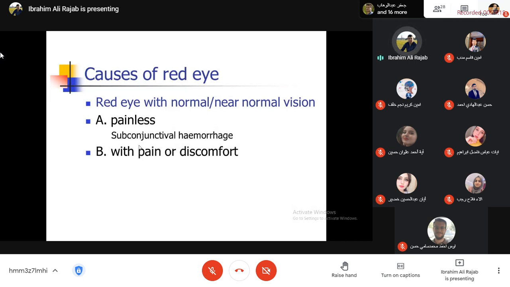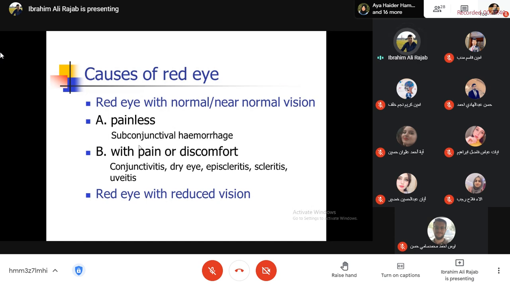Also, if the patient has a red eye with no blurred vision, but there is minimal discomfort or sometimes pain, the patient may have conjunctivitis. As I told you, conjunctivitis may be bacterial, viral, allergic, or dry eye, episcleritis, scleritis, and uveitis.